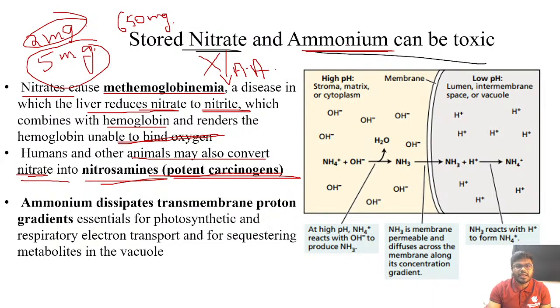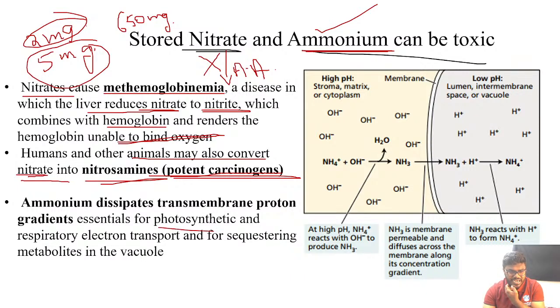So if ammonium is stored, it can destroy the entire photosynthetic machinery and the entire electron transport machinery also. So my friends, it is not at all ideal that ammonia be stored. Now try to understand how ammonia is going to destroy everything.